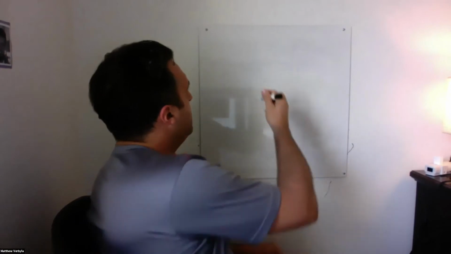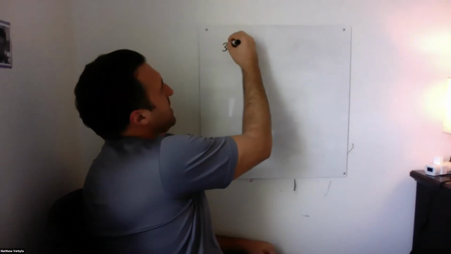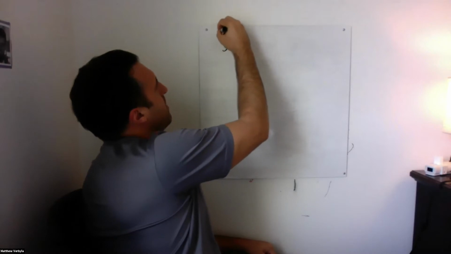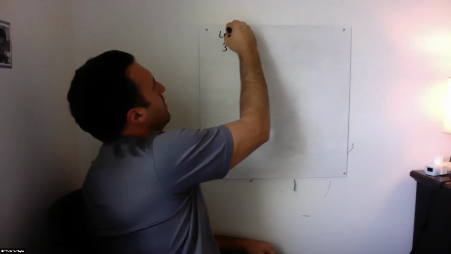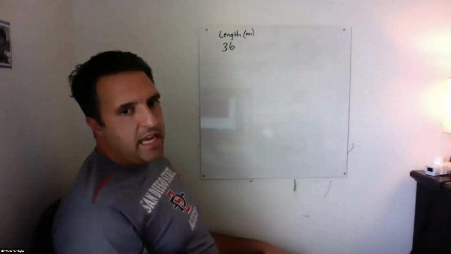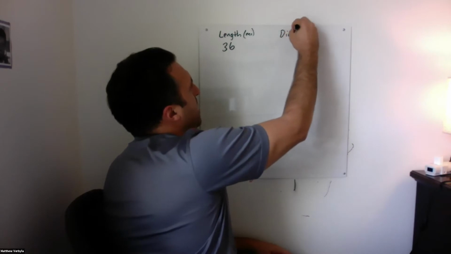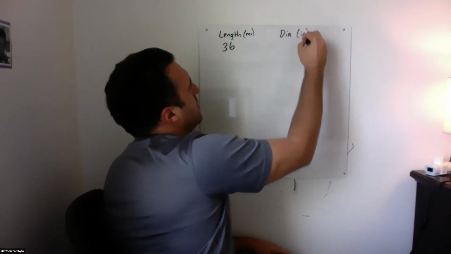So here we've got 4 different pipe sizes, and we've got the length of each of those pipe sizes. So you can set this up in a table, where we have the length of the pipe in miles, and we have the diameter of the pipe in inches.